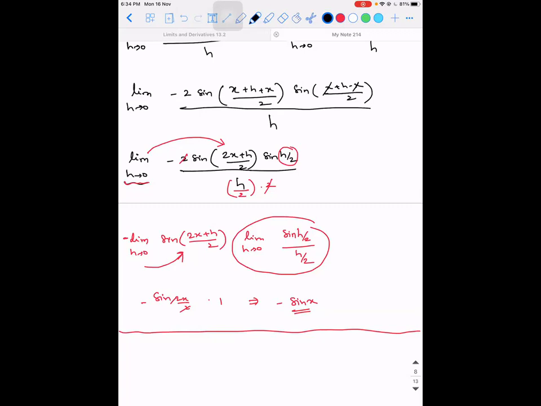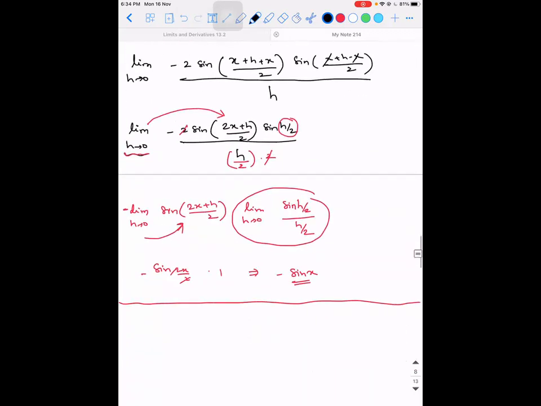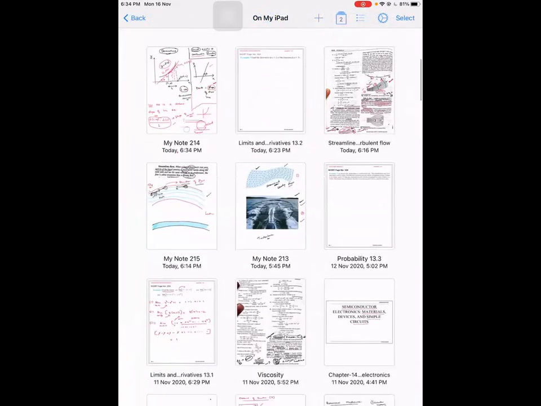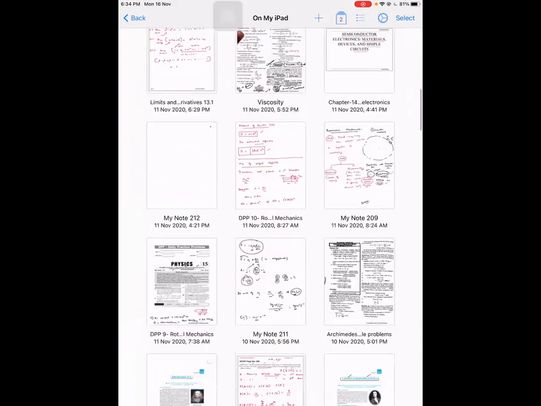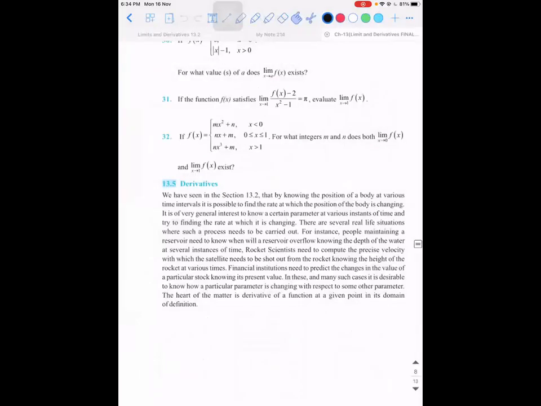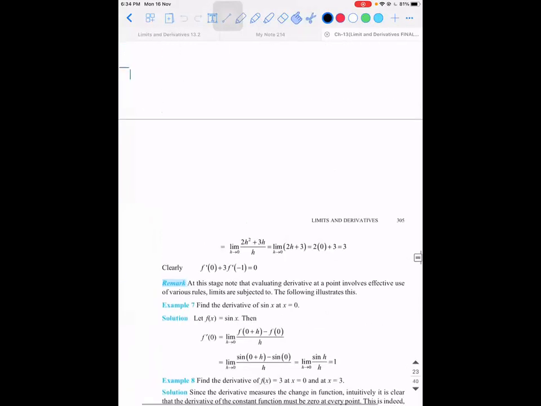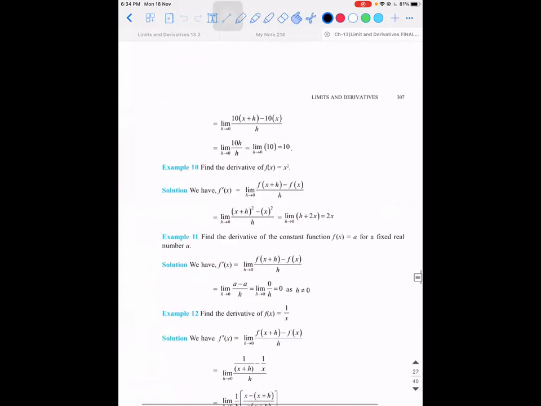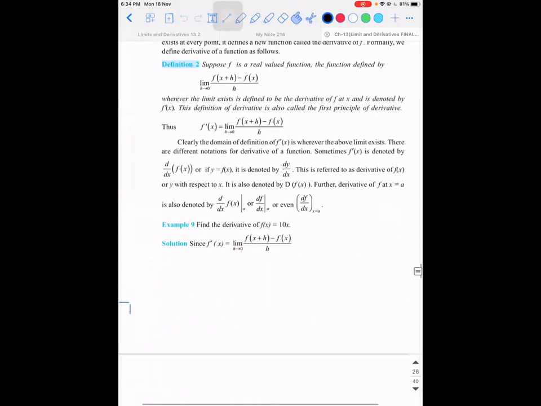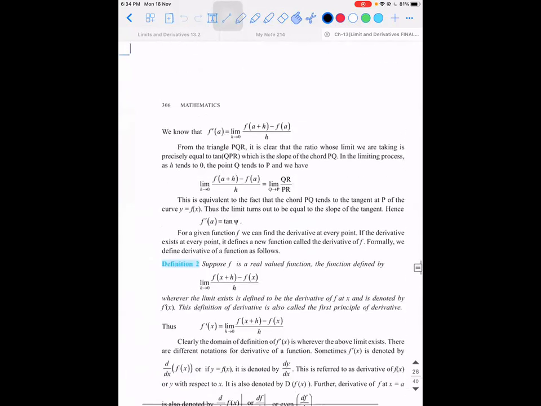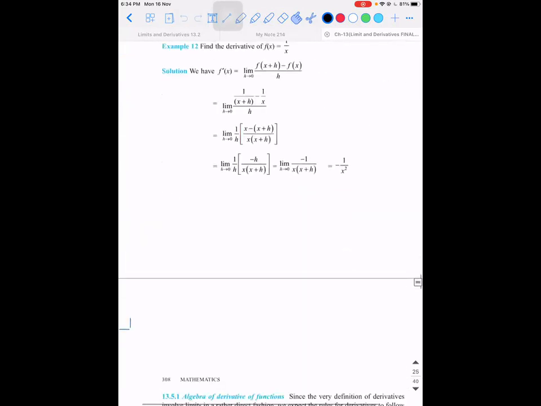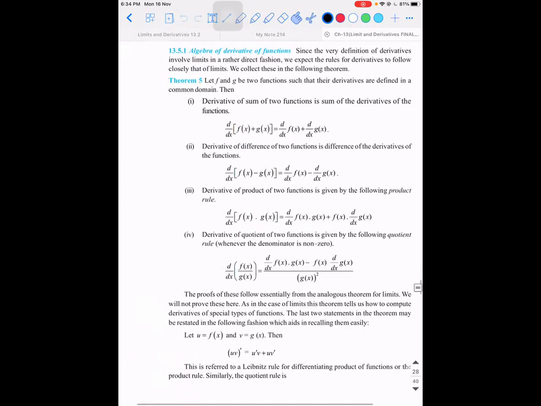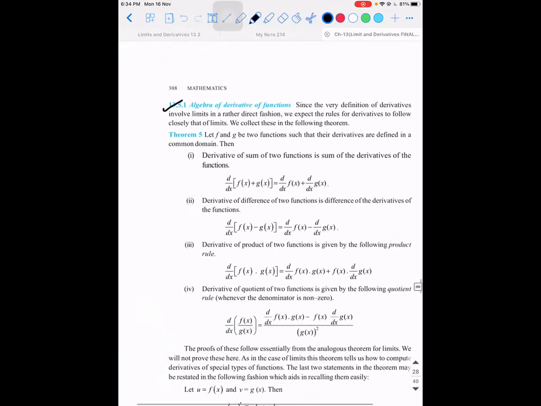Okay. So this is the derivative of cos x. Now we will see some properties of derivatives, the algebra of derivatives of functions.